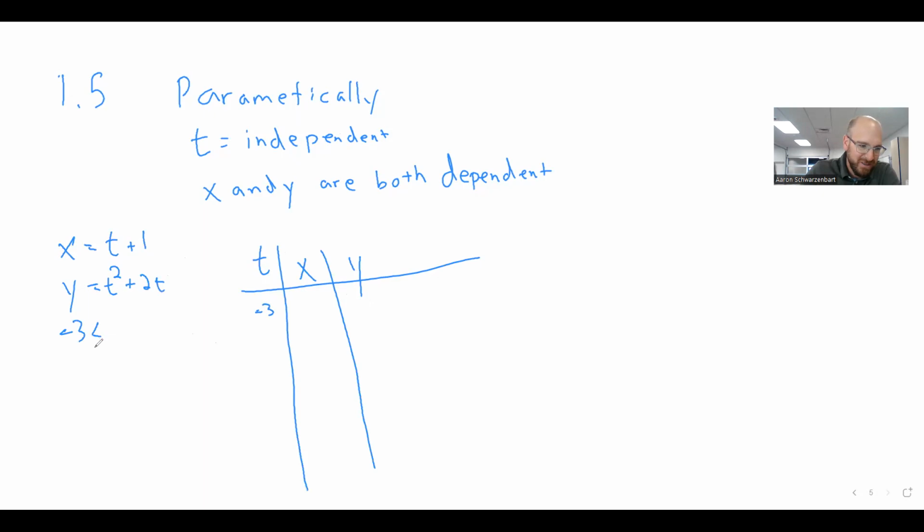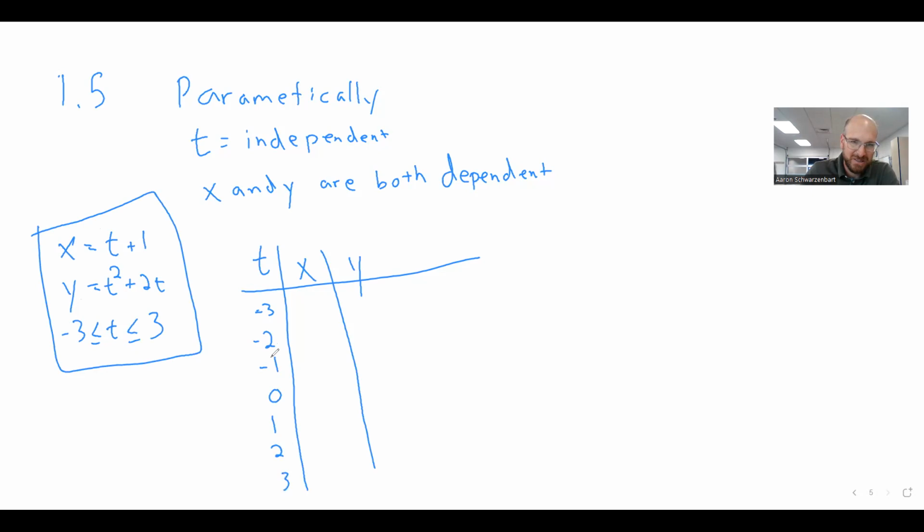So part of your parametric equations is the restrictions on t. So it's two equations. T goes from -3 to 3, and those are your restrictions on t. Usually, when I make my txy table, I just go by ones.